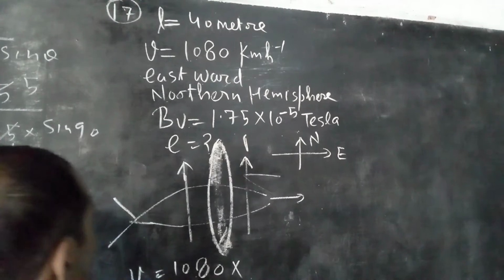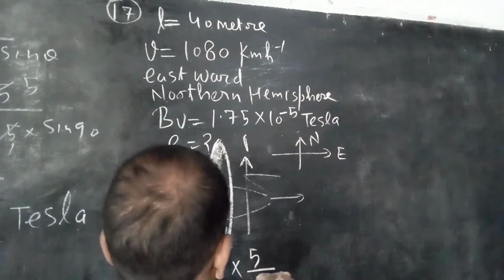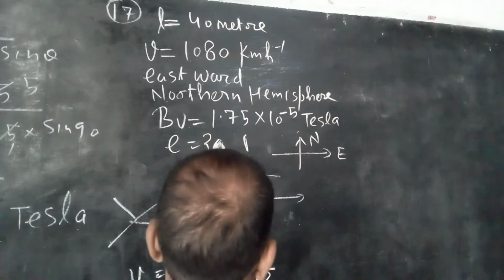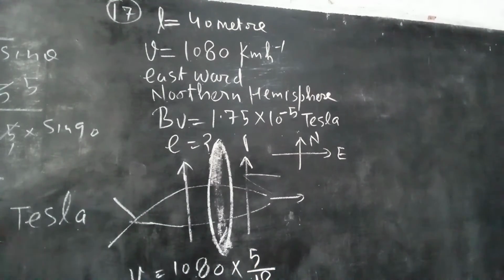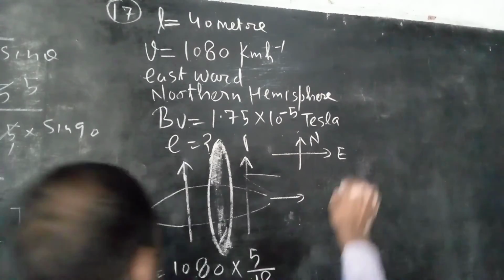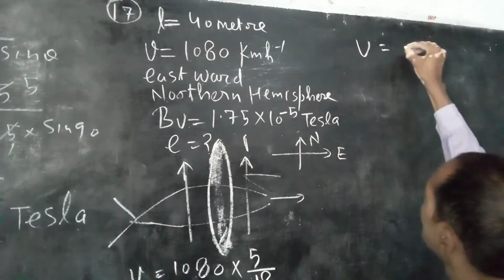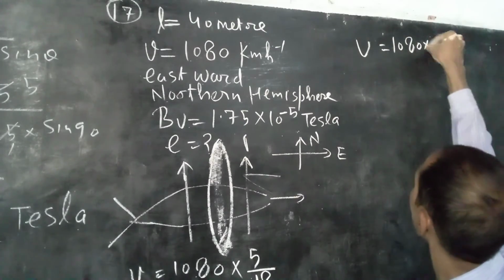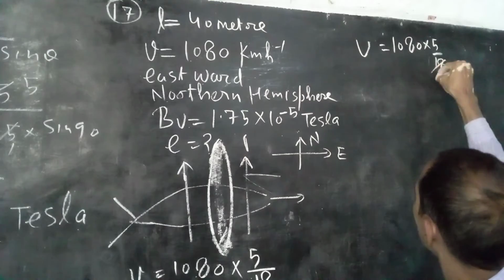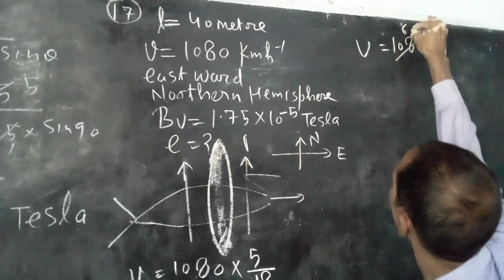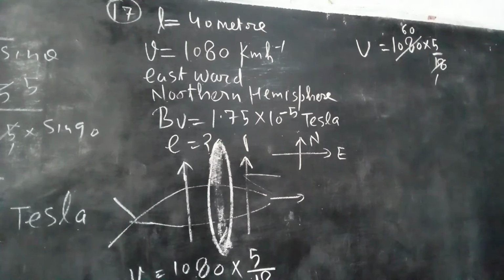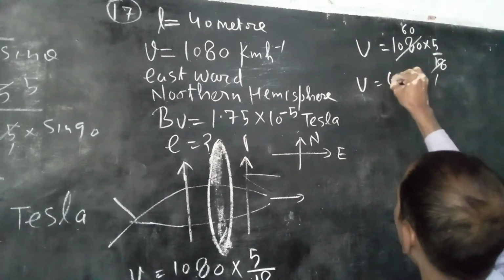To change kilometer per hour into meter per second, multiply by 5 by 18. So V is equal to 1080 into 5 by 18. 18 into 6 is 108, so V is equal to 60 into 5.